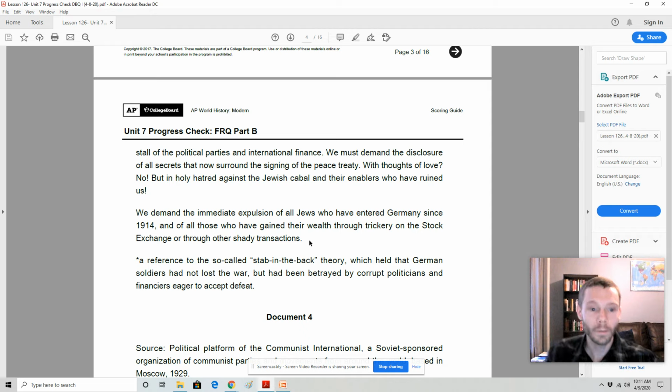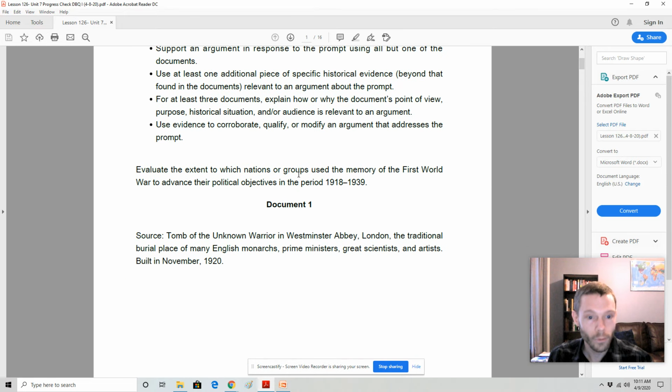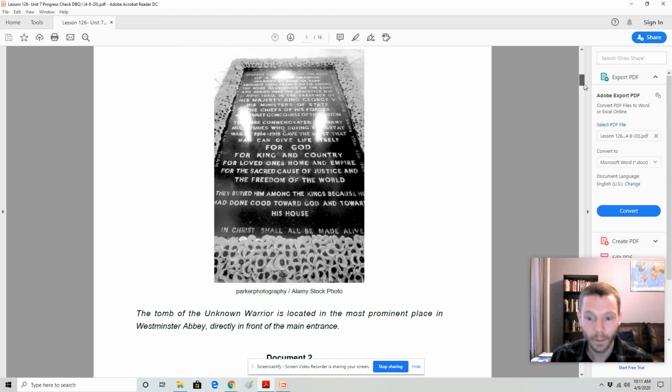And it helps him to justify, as inhumane as it was, his vision for what he thought would make a better Germany. And it's important because the prompt specifically asks us to look at how groups use the memory of the First World War to advance their own objectives. So that's what Hitler's doing in this document.